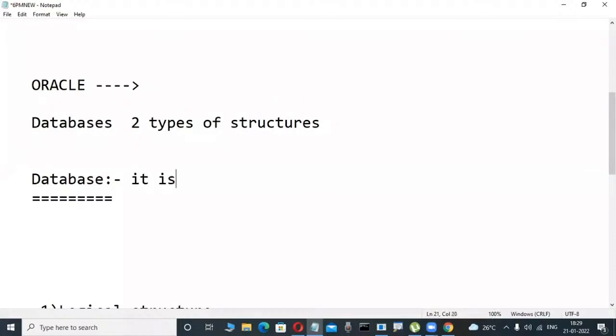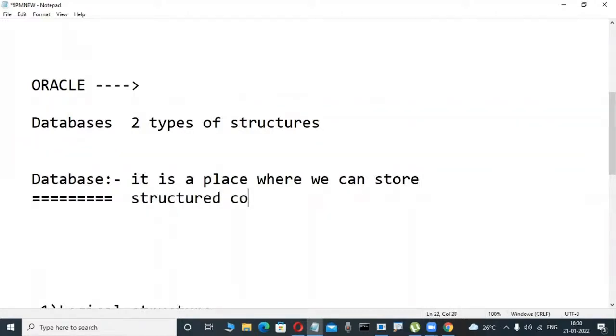It is a place where we can store, in a computer system, a structured collection of data. They are telling only where we can store a structured collection of data. What is data? What is information? What is DBMS? That is later. Okay, structured collection of data.